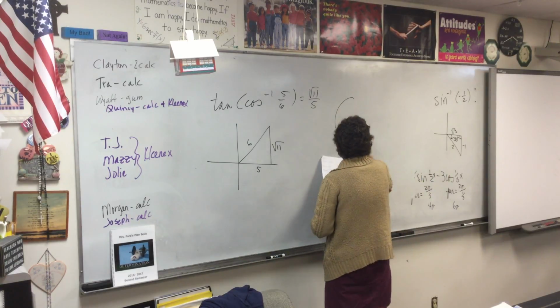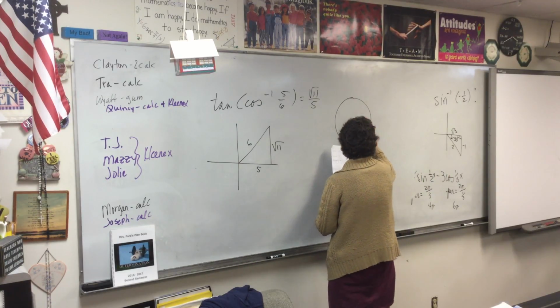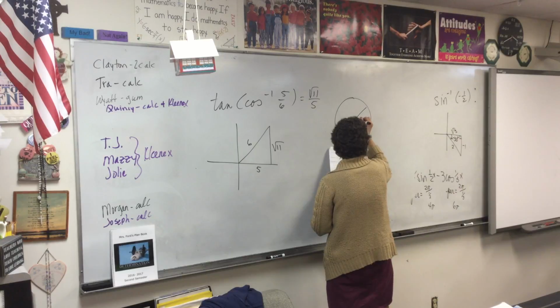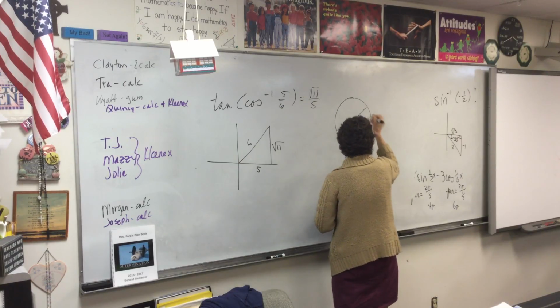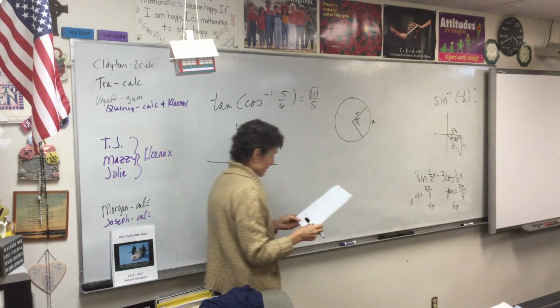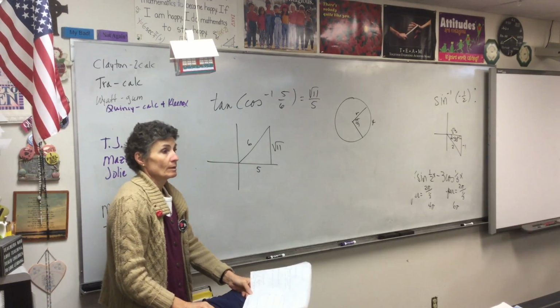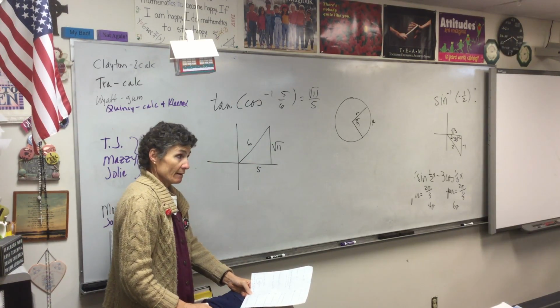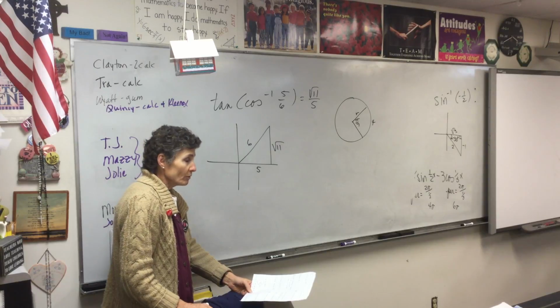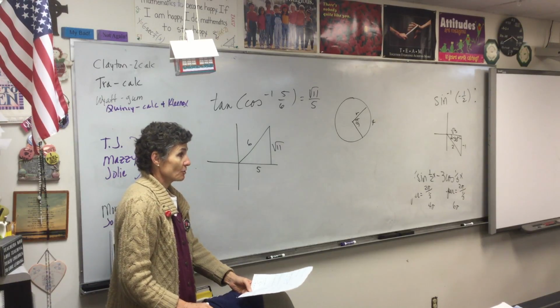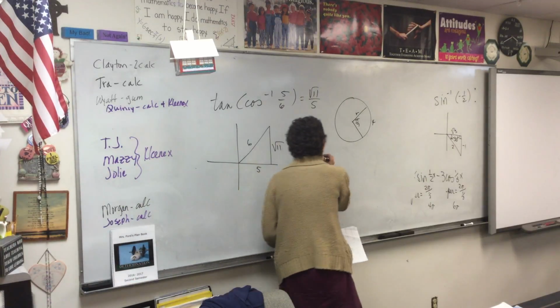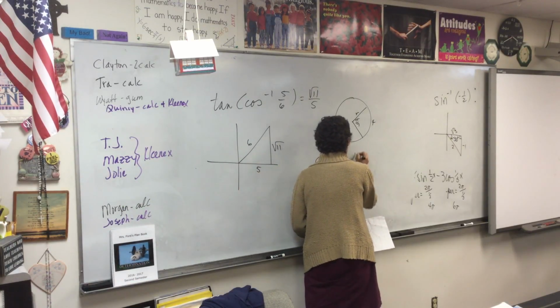All right, now we're finding the radius of that thing. Now when you look at that, hopefully what pops into your head is arc length equals radius times radians.